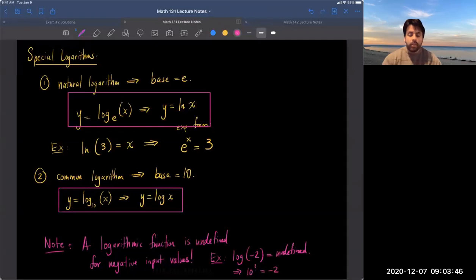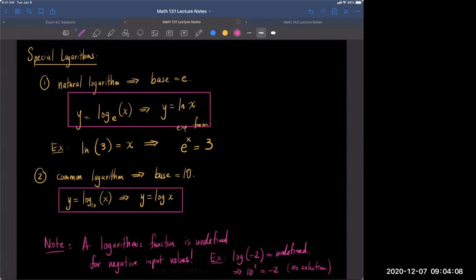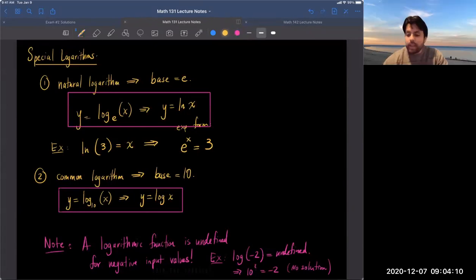There's no solution to this. There's nothing that you can raise 10 to that gives you a negative number. It's not possible. So logs can produce negative numbers, but logs cannot receive negative numbers as inputs. Okay? Just want to make that clear.